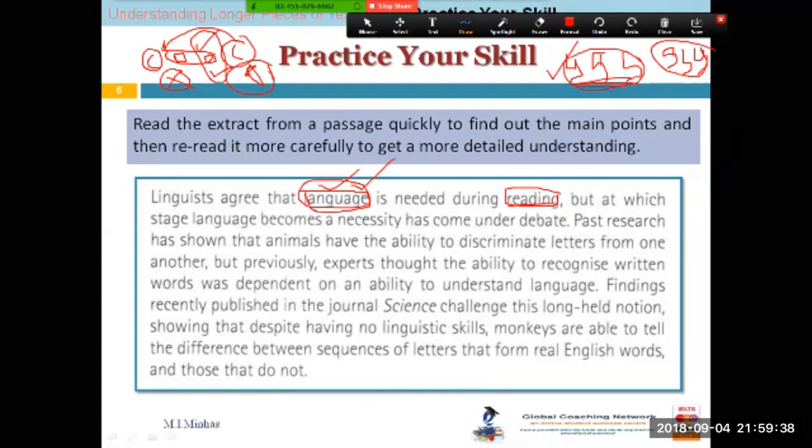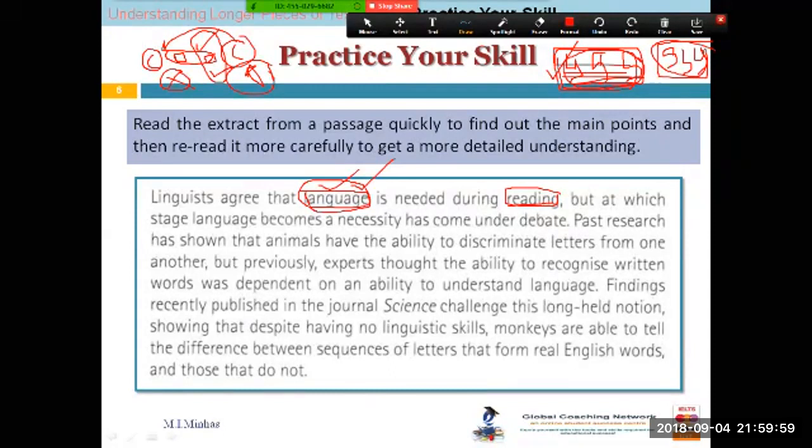So at this point, if you only want to differentiate between the words, then you don't need language. But if you really want to understand, then you require to know this language.